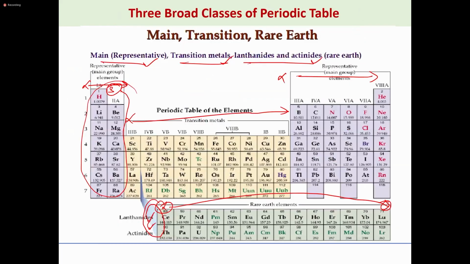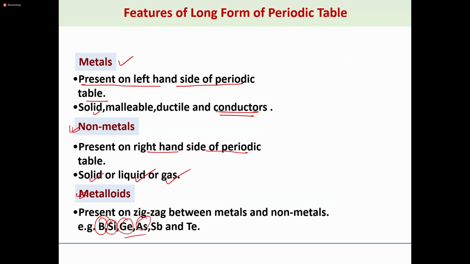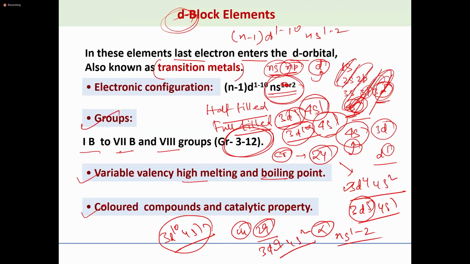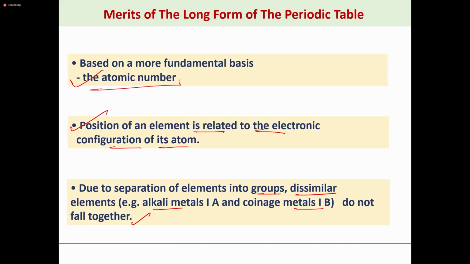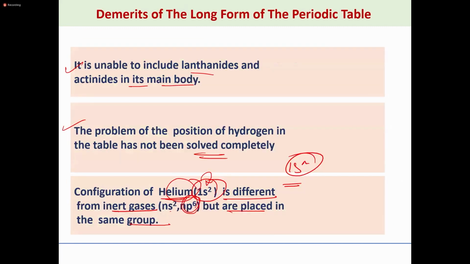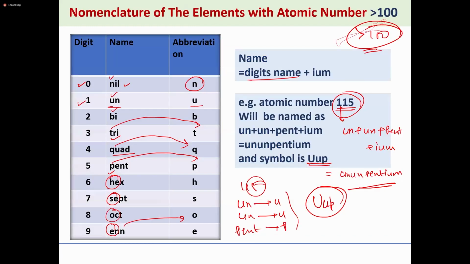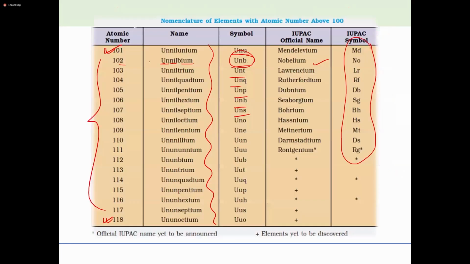We also learned the general electronic configuration of the s block, p block, d block and f block elements, some merits and demerits of the long form of the periodic table, and the nomenclature rules, which we apply when the atomic number of an element is greater than 100, and elements which were discovered later.